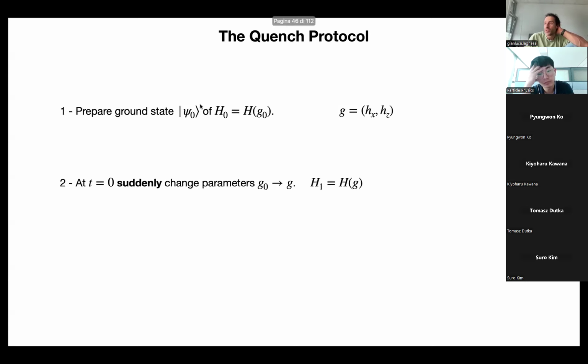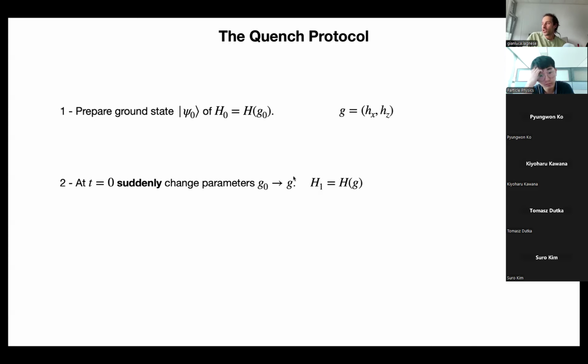Then you suddenly change the parameters at a certain time, which we call t equals 0. Of course, experimentally this is a bit harder, but as long as it is fast enough, it is okay. So to this extent, it is still feasible in the experimental setup.